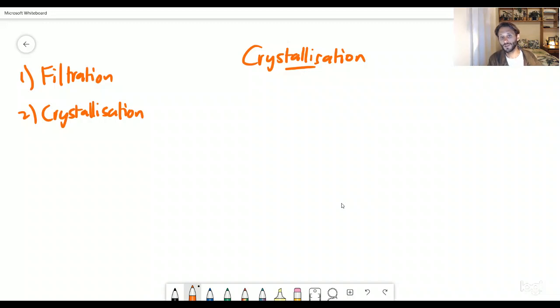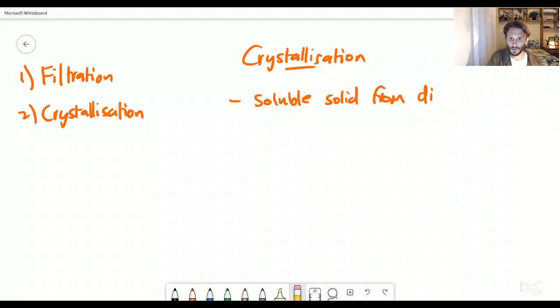Well, in filtration we were separating an insoluble solid from a solution, and in crystallization we are separating a soluble solid from a solution. Remember, soluble means it can dissolve in that liquid.